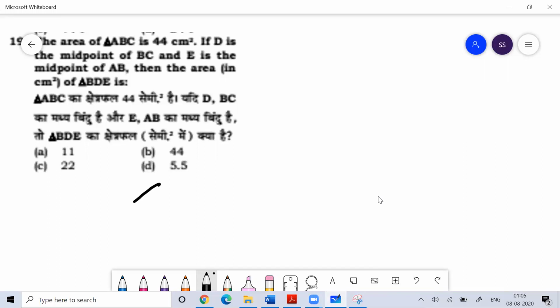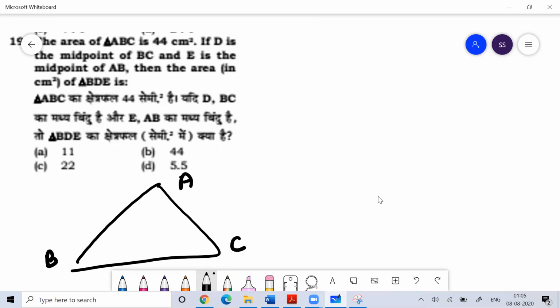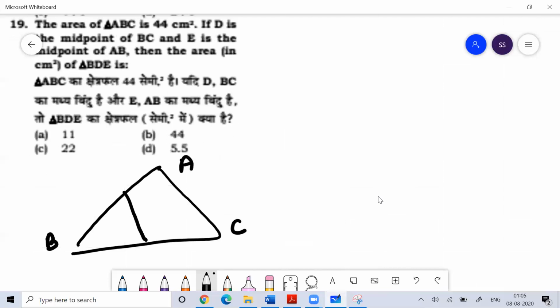So area of triangle ABC is 44. Okay, and if D is the midpoint of BC and E is the midpoint of AB, so this is D and this is E. It is like this. So they're asking you the area of triangle BDE.